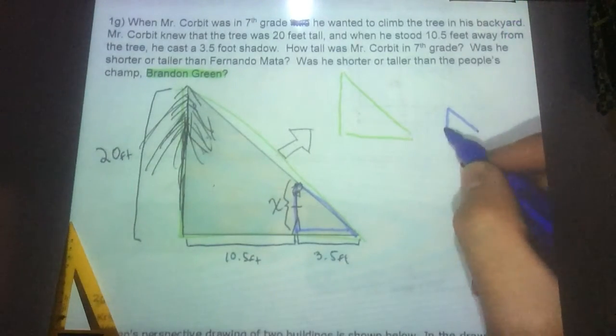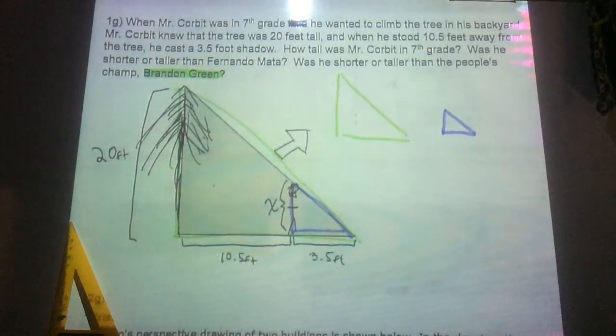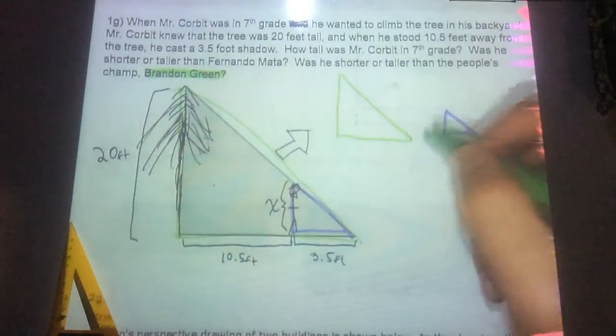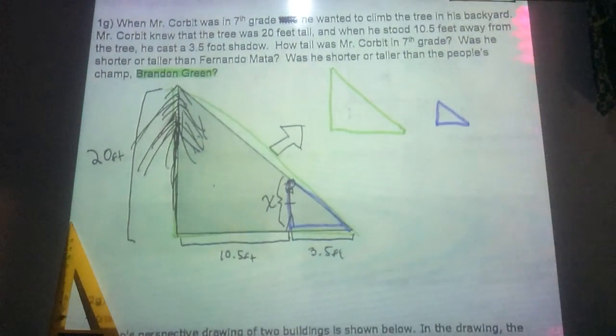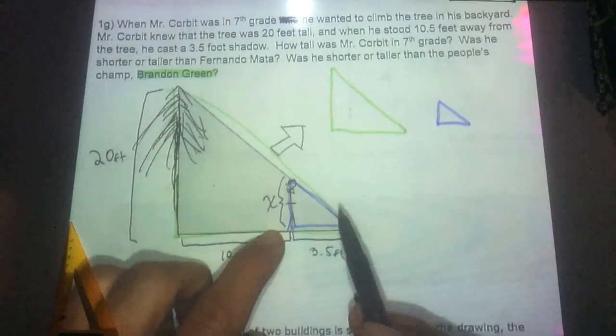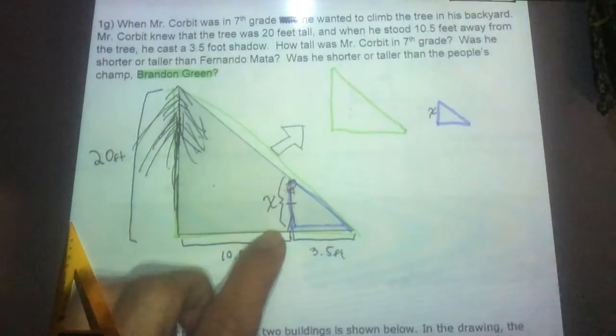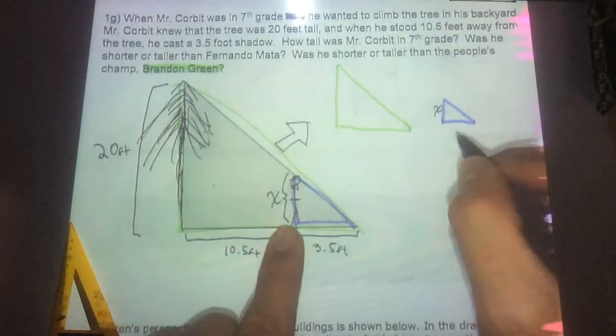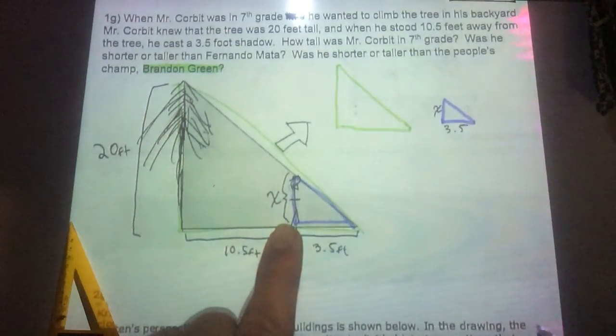Now I'm going to label everything I know, especially what I'm trying to solve for, which is this side length here, our x, which is also my height. In the purple triangle, I know that this is 3.5.